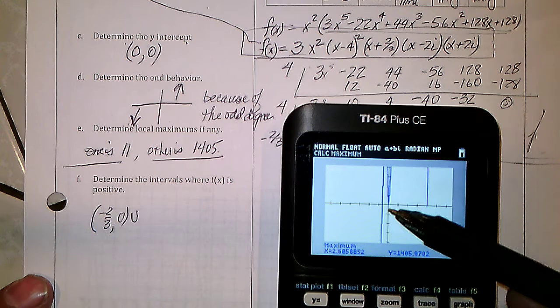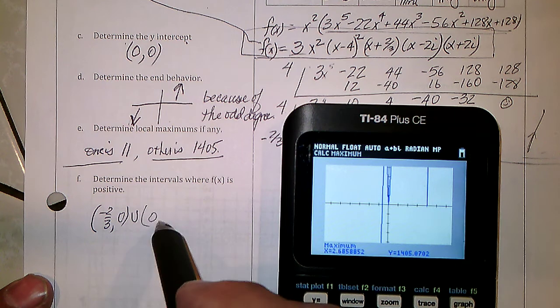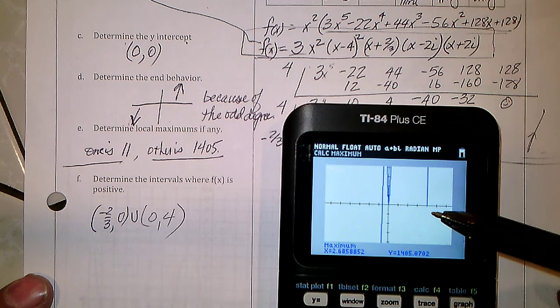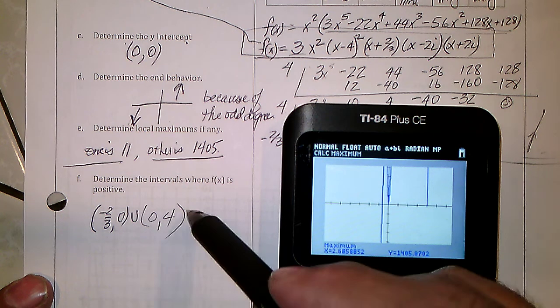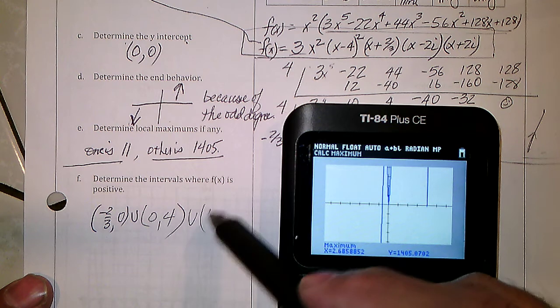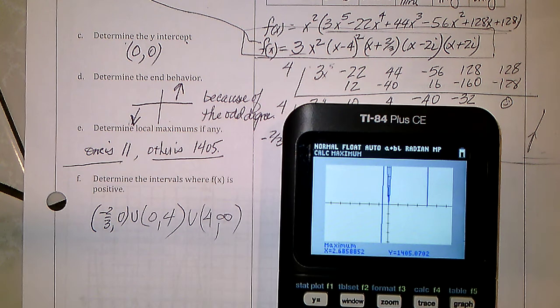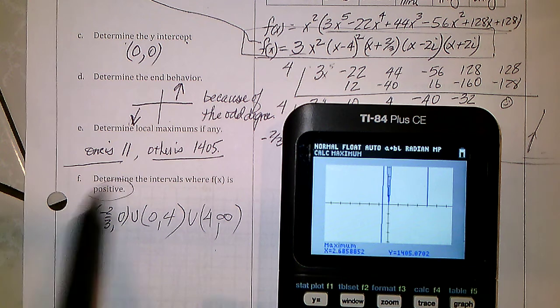At 0, it's 0. And then from 0 to 4, it's positive. At 4, it's 0 again. And then after 4, looks like it goes back up again. So that would be 4 to infinity. So those are the intervals where the function is positive.